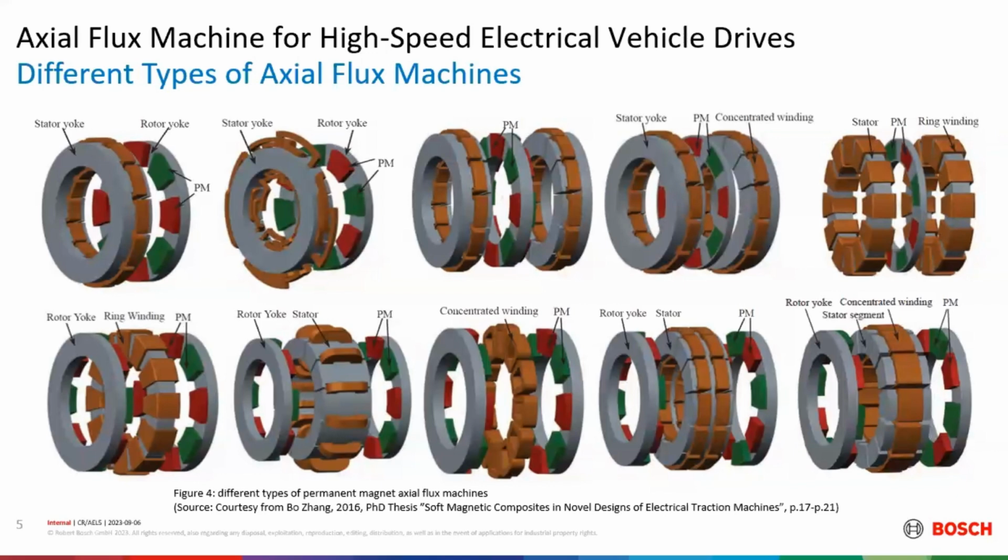Lastly, we have the yokeless and segmented armature type, often referred to as YASA type. You can see here all the stator teeth are isolated from each other. So the flux traverses directly between these two rotors without flowing through a stator yoke, because it doesn't even have a stator yoke.